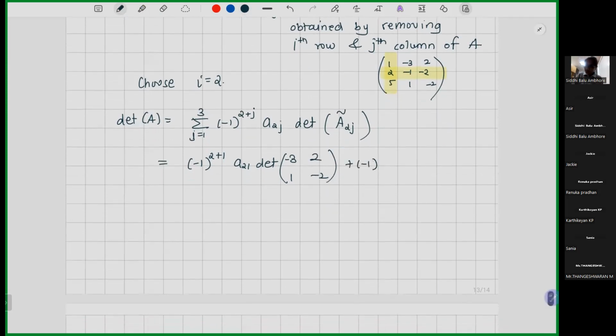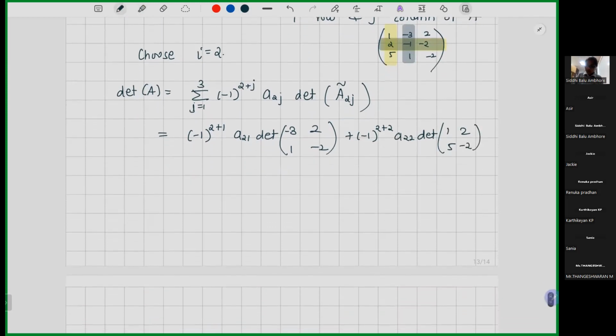Plus minus 1 power 2 plus 2, a_22, determinant of the matrix after removing the second row and second column, which is 1, 2, 5, minus 2.